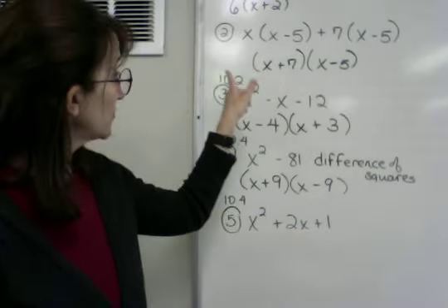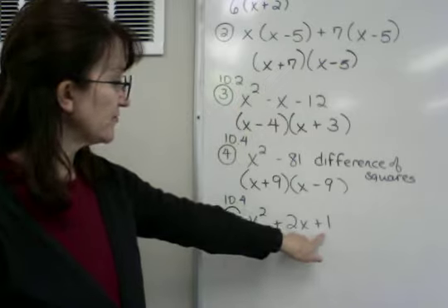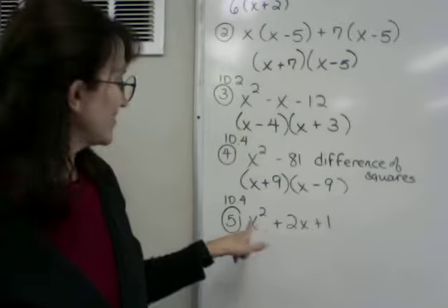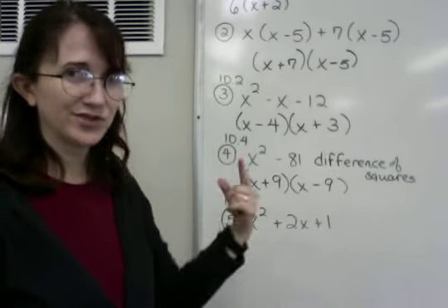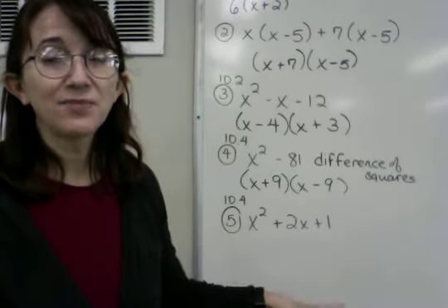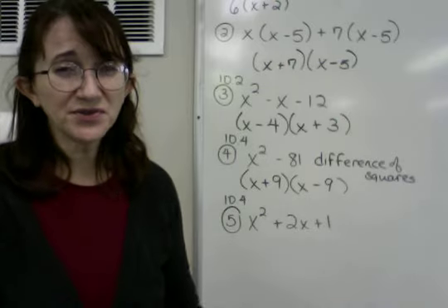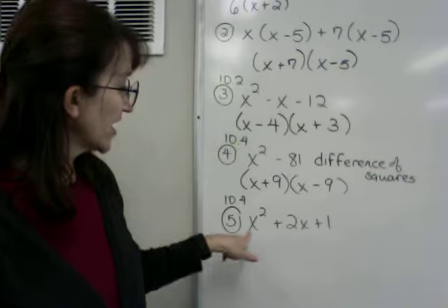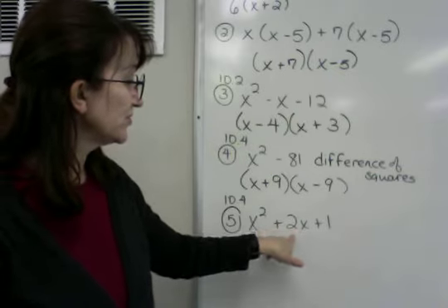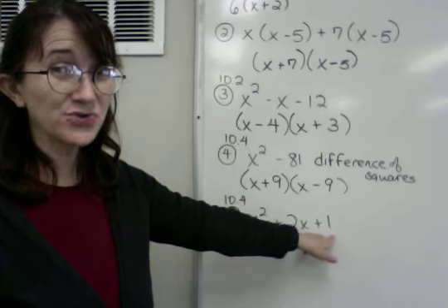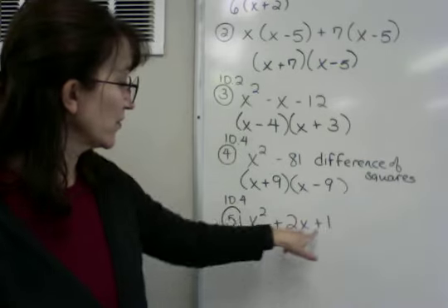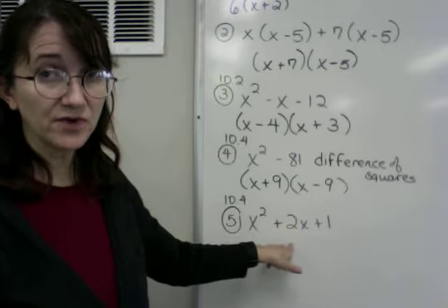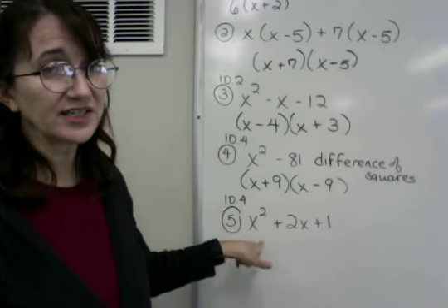Using the 10.2 strategy, I'm trying to find factors of 1, the factors of this one and this one, which would end up becoming a positive 2. But you could also say that this is a perfect square and this is a perfect square. Technically, it would be 2 times A and B, remember? 2 times A and B in order to get that in the middle. So this is actually a perfect square.